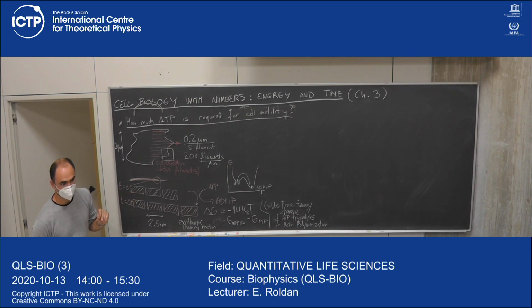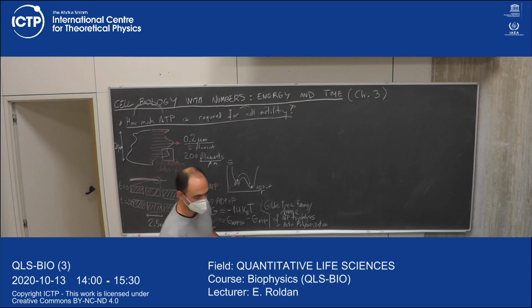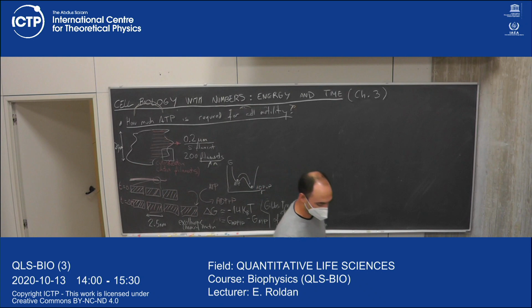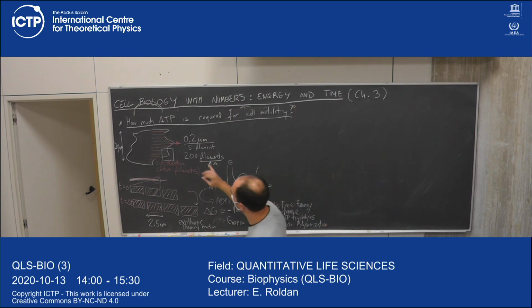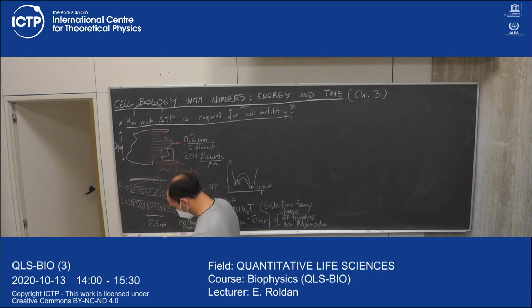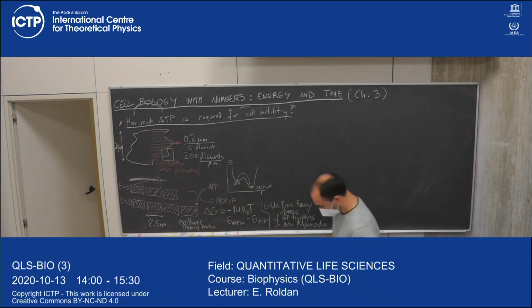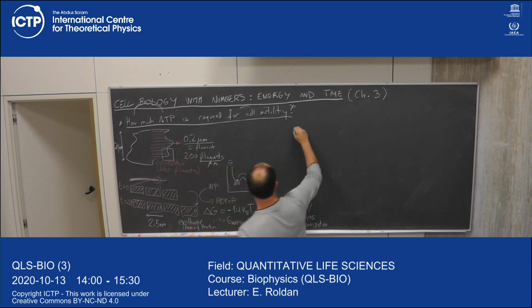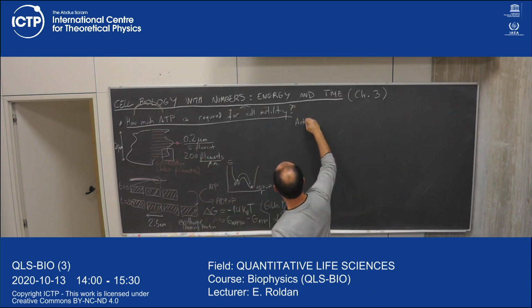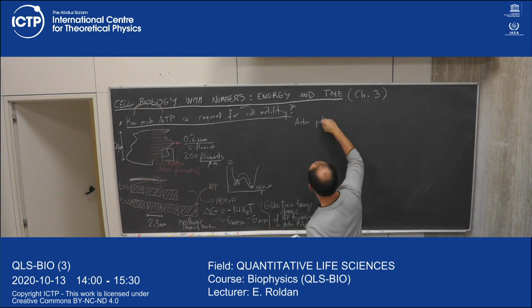In 1 second, how much power, how much energy does the cell need to produce to move at this speed in the leading edge? Let me go step by step. The first thing I will calculate is how much actin is produced per unit of time. This I call the actin polymerization.